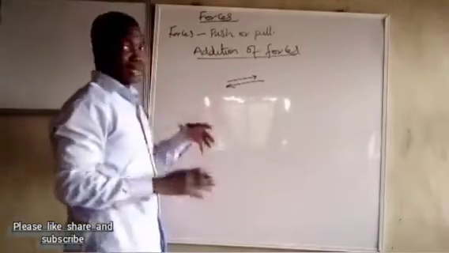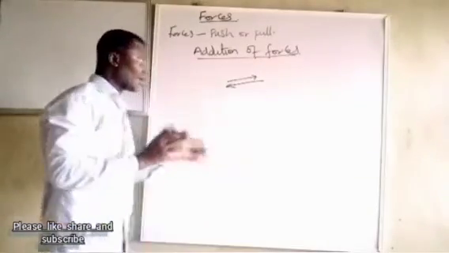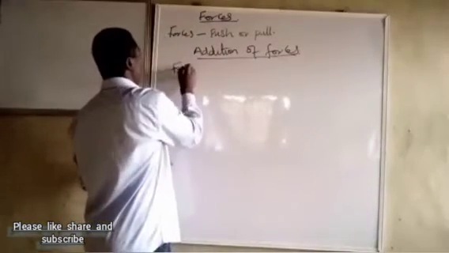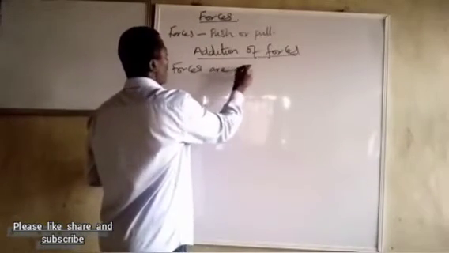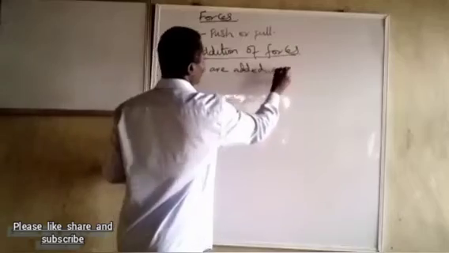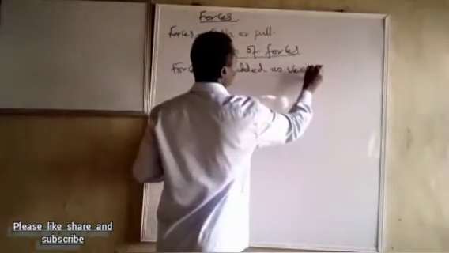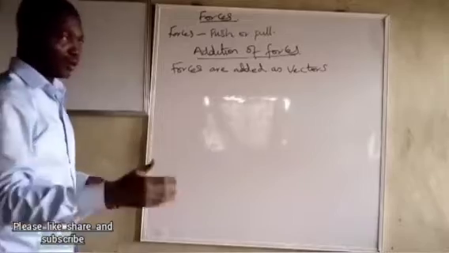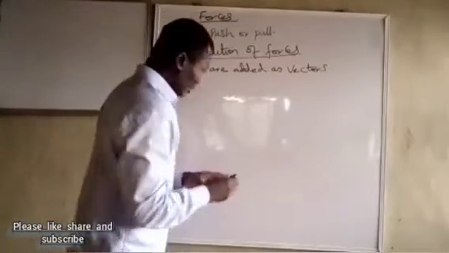We have to add them as we add vectors. That's how we add the forces. So forces are added as any vector, as vectors. Now, I will look at 3 or 4 ways we add forces.